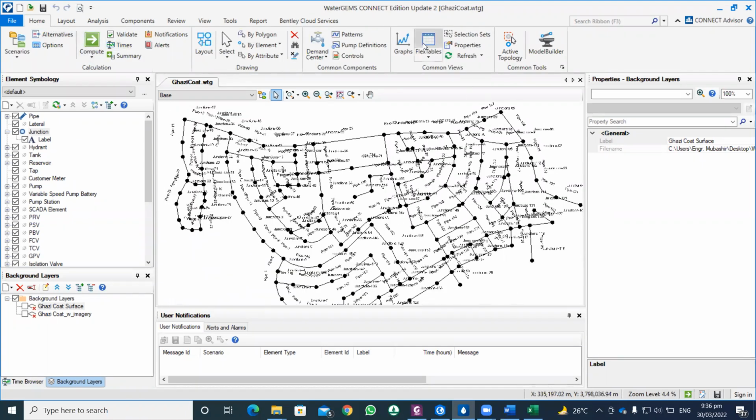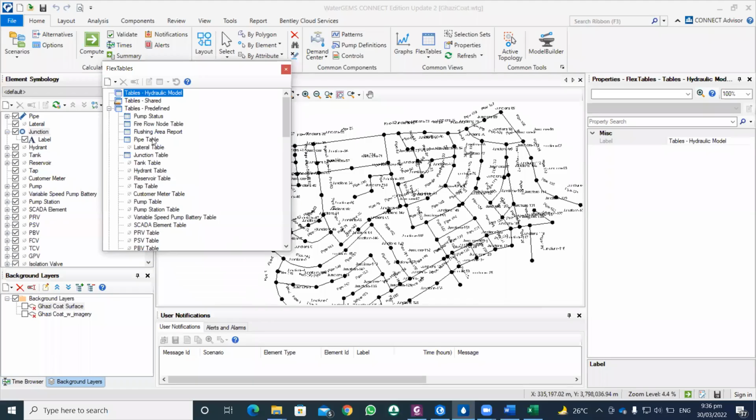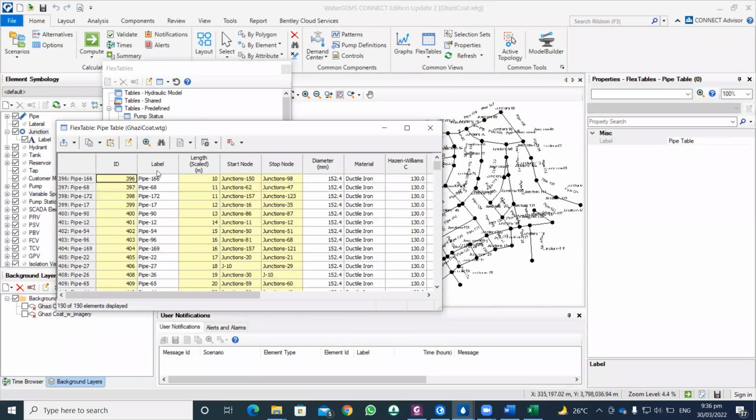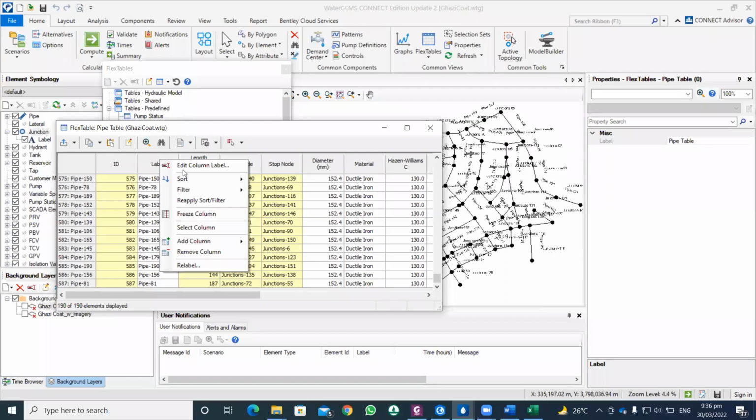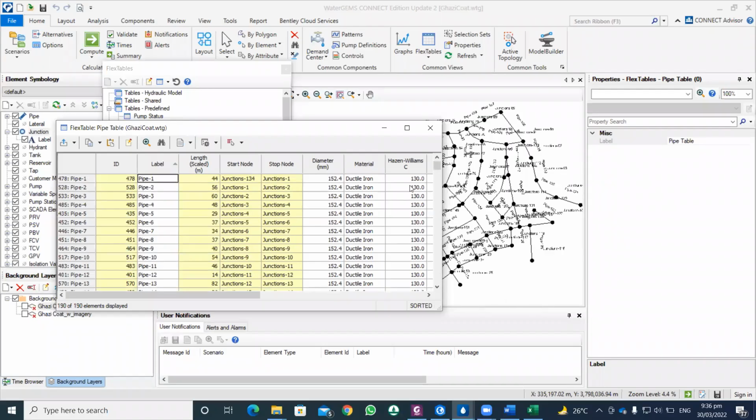So now I want to relabel the pipe names.